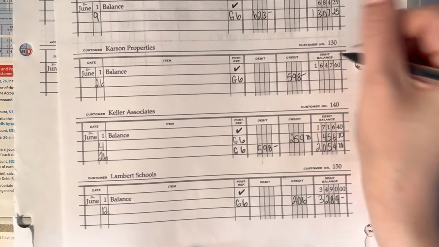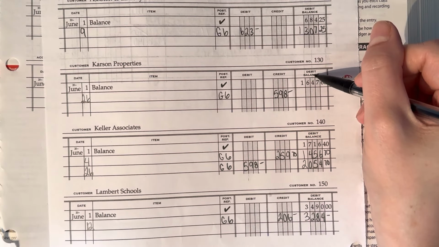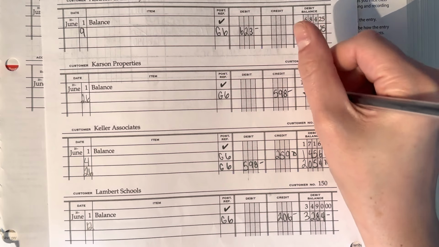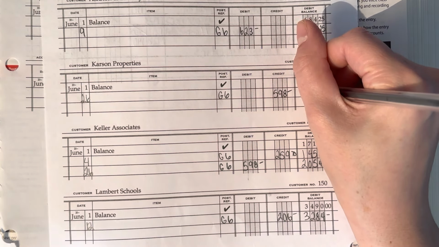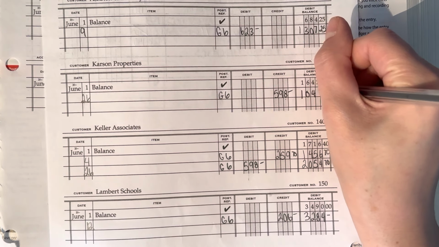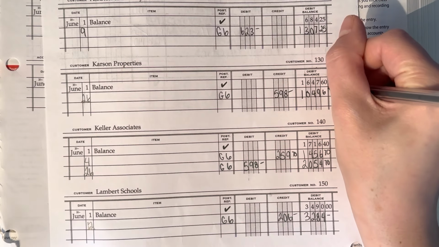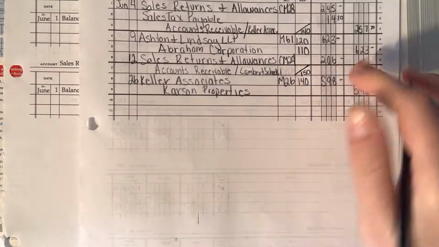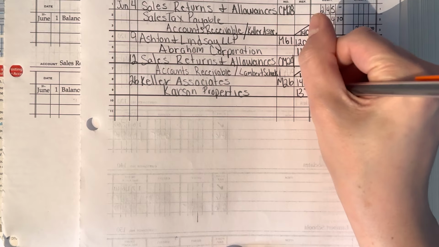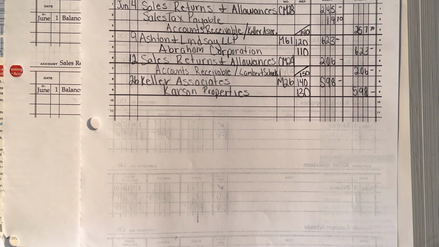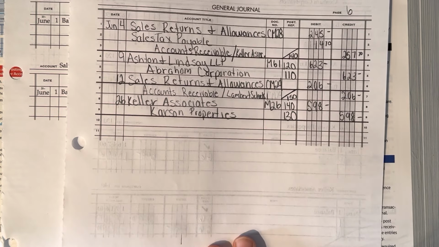It's a debit balance, you have to read the top. A debit balance minus a credit entry should give you $1,049.60. 130 is the entry. Everything is now posted to the accounts receivable ledger, and we go through and post the rest to the general ledger.